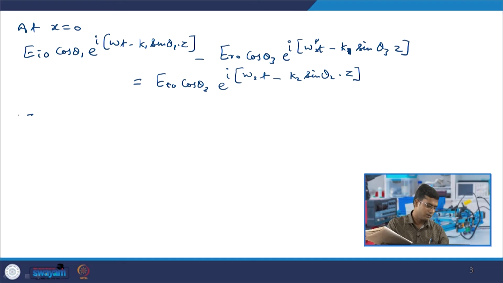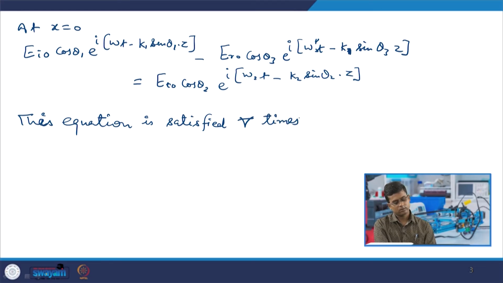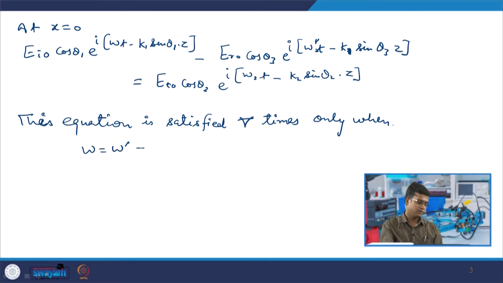So, this equation is satisfied for all times only when ω = ω' = ω2.